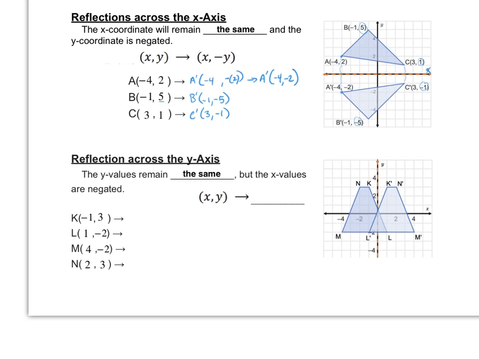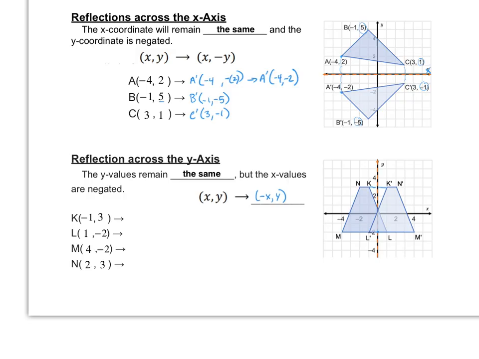Now, reflections over the y-axis is going to be a change not in the y value this time, but in your x value. So it would become (-x, y). You can see it, understanding like K is 1 away, K prime is 1 away.